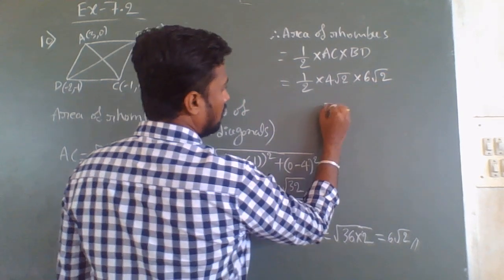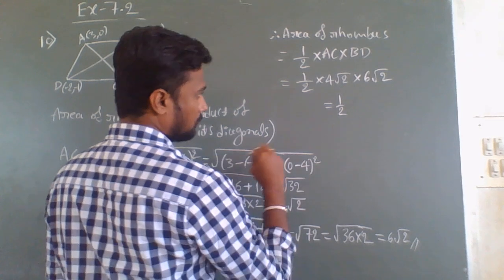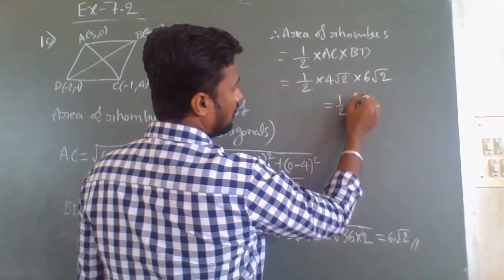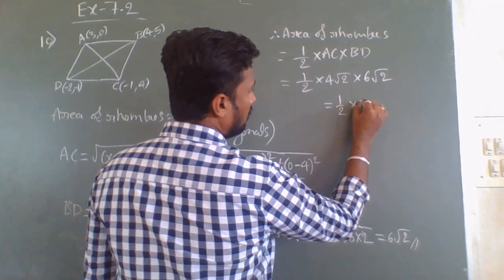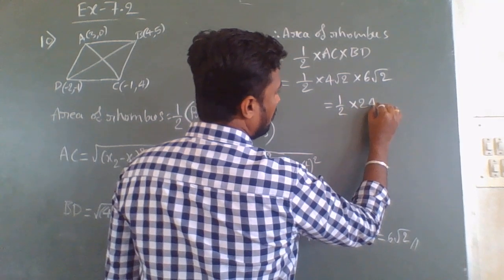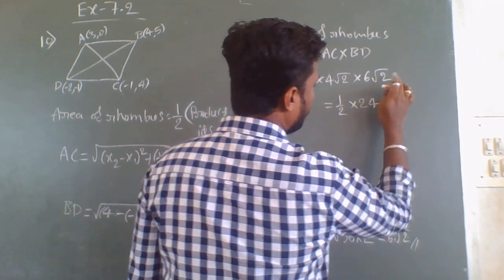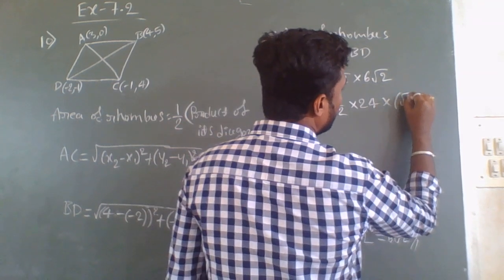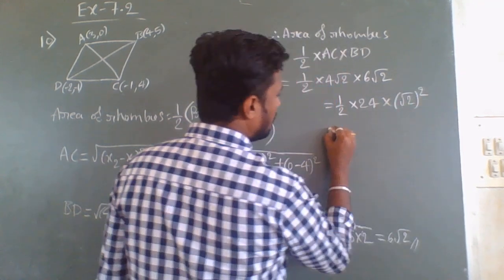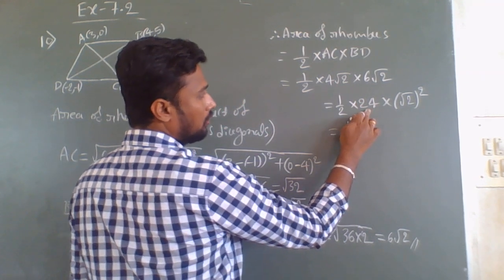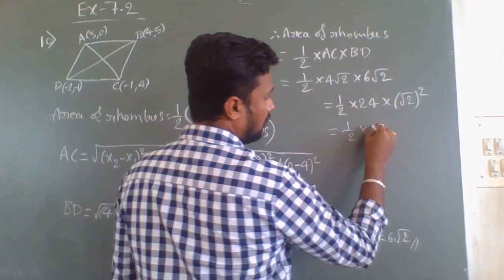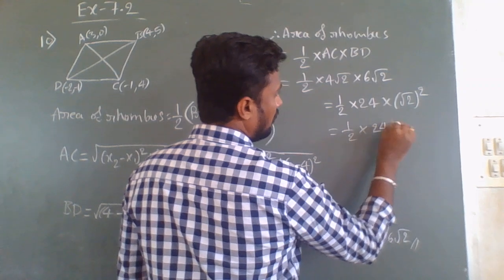So here 1 by 2, and 4 into 6 is 24, into square root of 2 into square root of 2, which is square root of 2 whole square. How did we get 24? 4 into 6, 24.